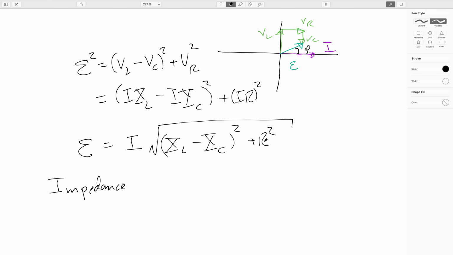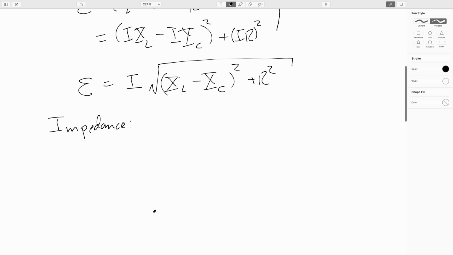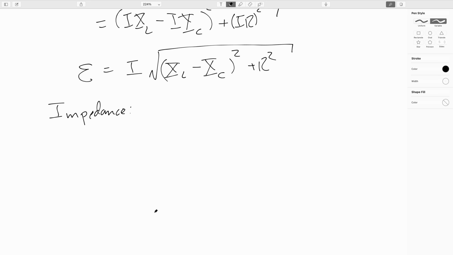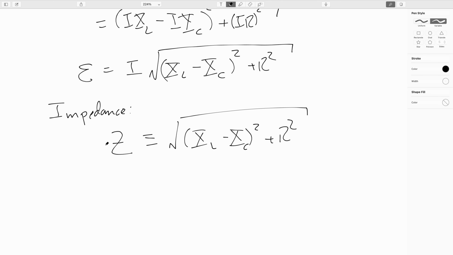Because remember, this is describing how the resistor resists the flow of current. This describes how the inductor and the capacitor react to the current. So put it all together: resist, react. Okay, someone went through the thesaurus and found impede. So that's capital Z, and it's defined to be the square root of (XL minus XC) squared plus R squared.